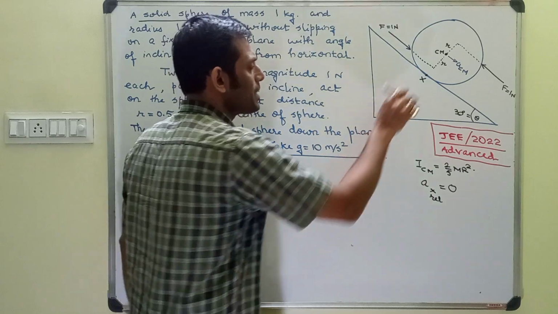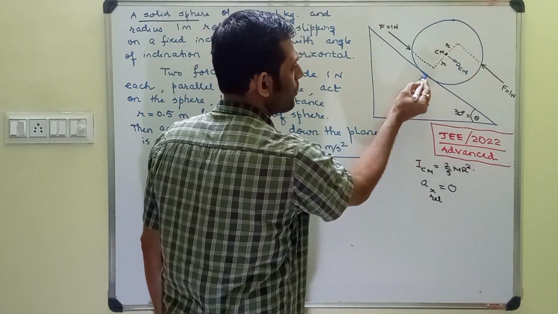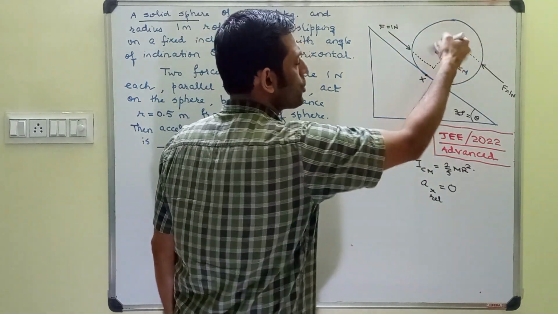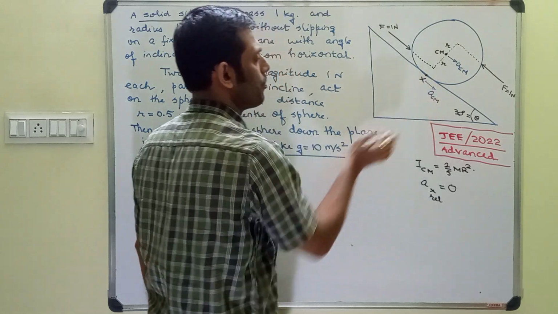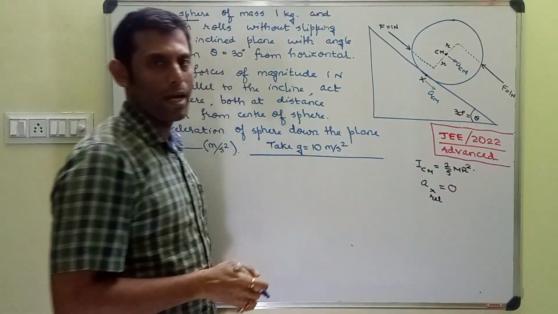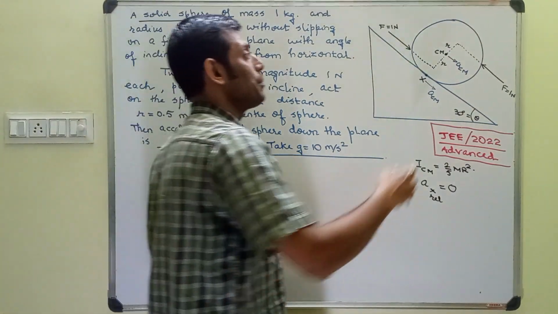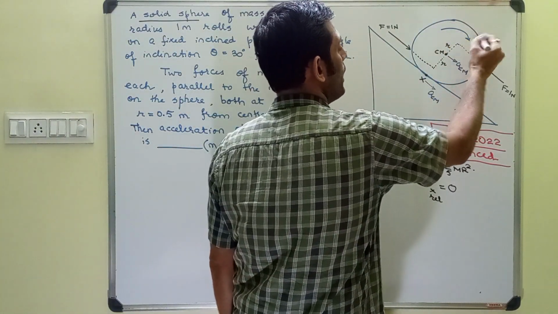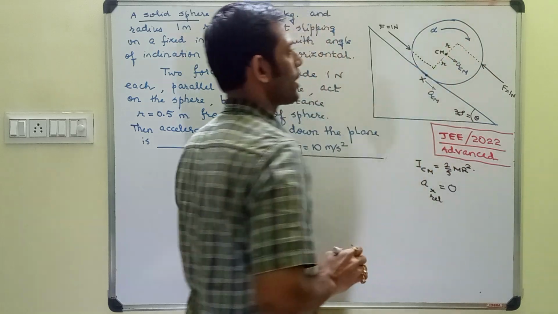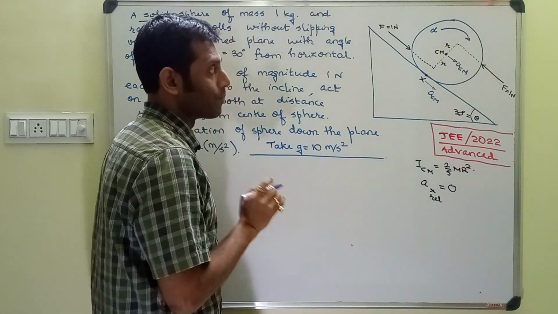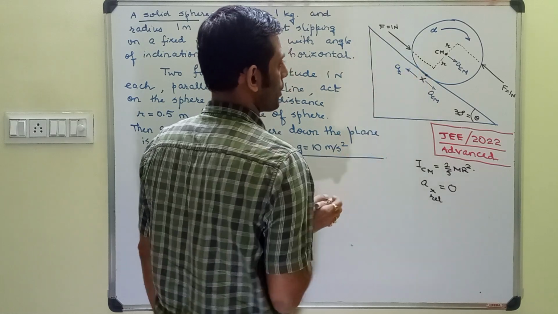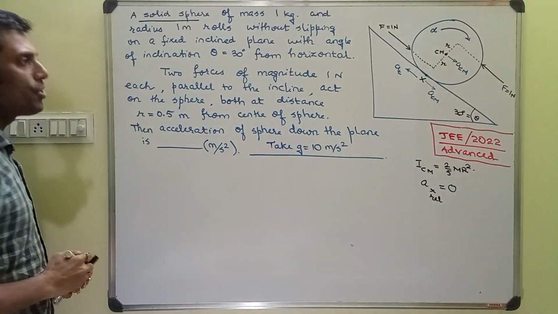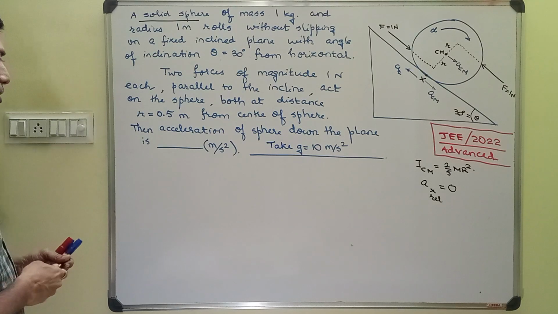If the center of mass acceleration is this, it must act at all points on this body. It should also act at this point. Acceleration of the center of mass at the point of contact should also act. And at the same time, if this is rolling and having an angular acceleration alpha, then there should be a related tangential acceleration. Let's say AT is the tangential acceleration.